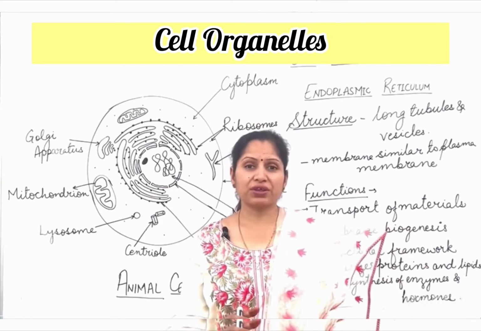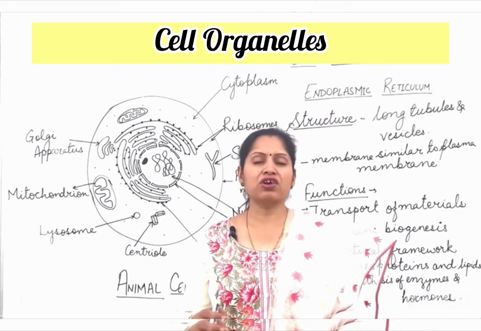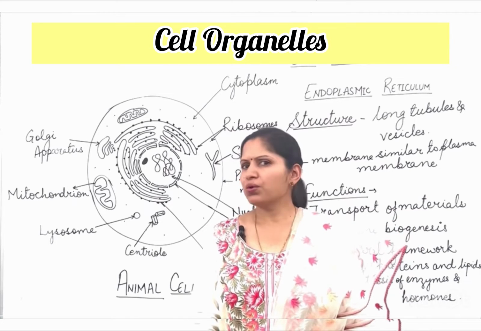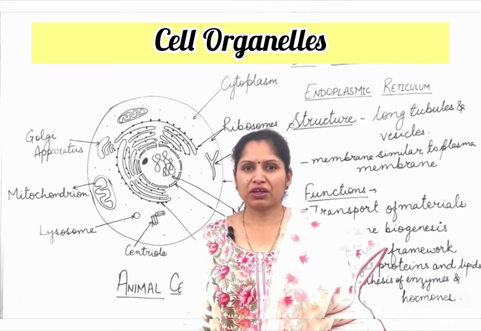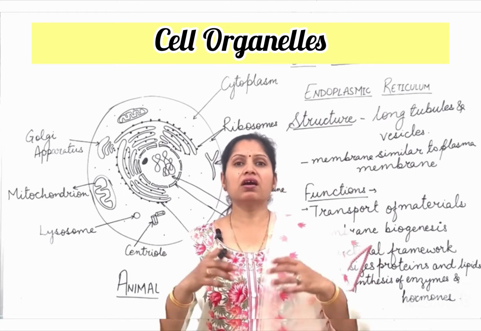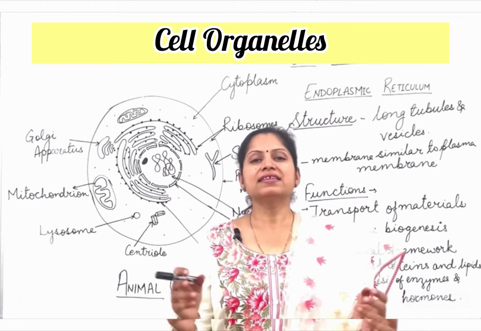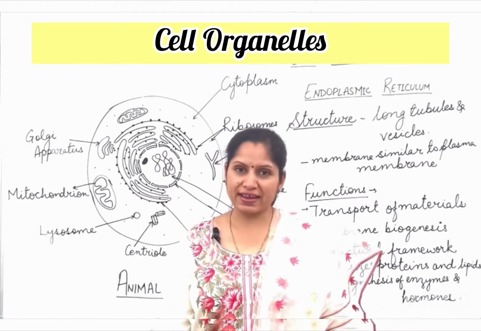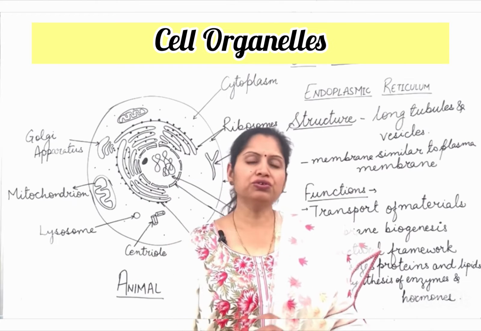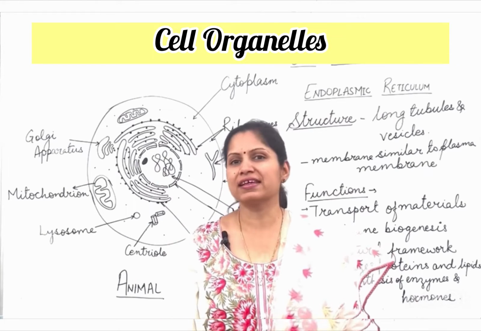A cell is known as a basic structural and functional unit of an organism. Why is it called so? A cell is known as a structural unit because like bricks help us make a house, similarly, cells combine and form the whole organism. So a basic structural unit of an organism is a cell.